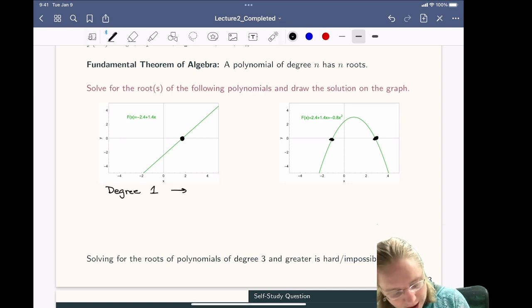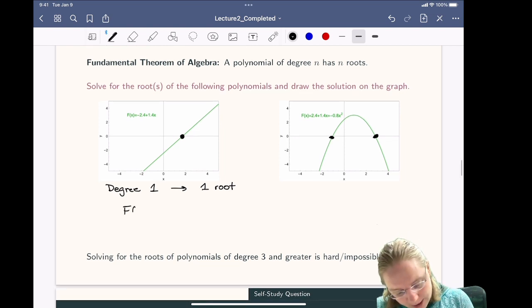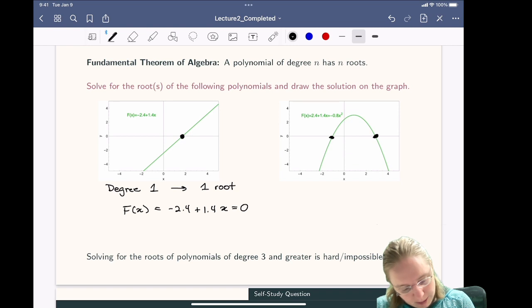All right, so in the case of a line, a degree 1 polynomial, we have at most 1 root. And in particular, we can find that root by asking when is this function f of x equal to 0. Doing a little bit of algebra, we have minus 2.4 equals 1.4x.